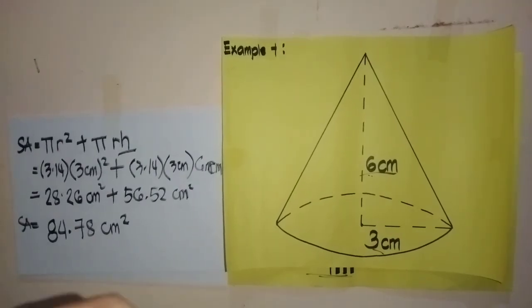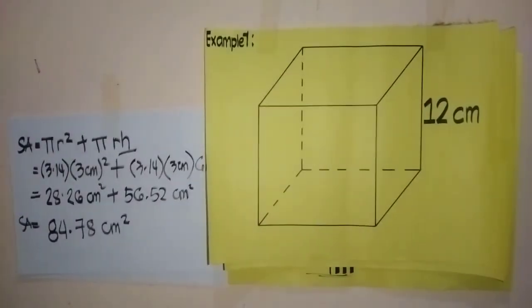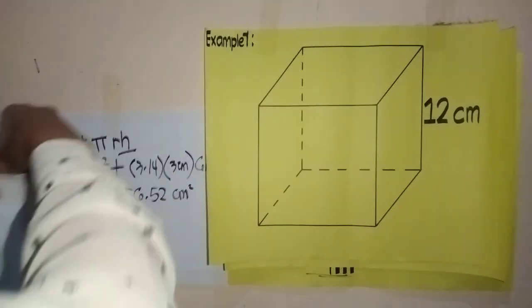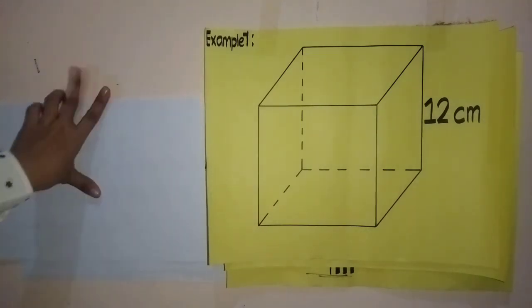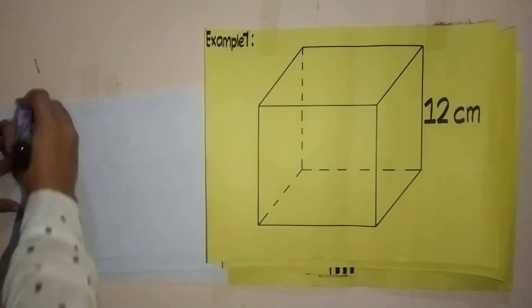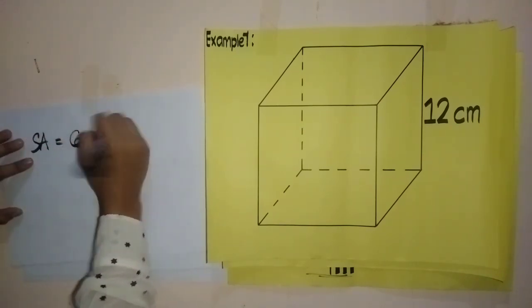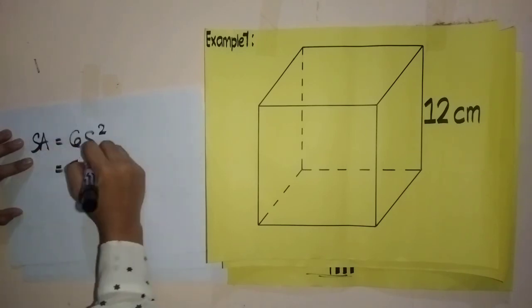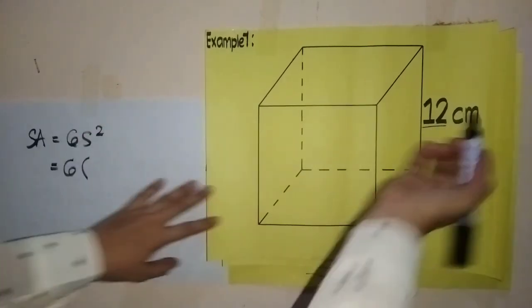So now we will proceed to solving the surface area of a cube. So the surface area of a cube has a formula of SA equals 6S squared. So 6 is constant, and S, which is the side, is equal to 12 centimeters.